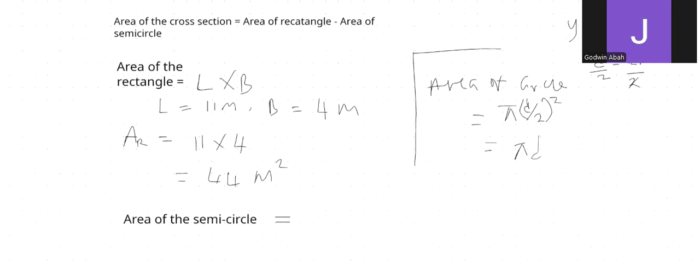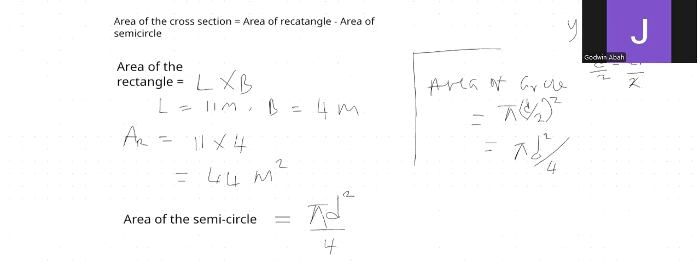all over 4. But since this is a semicircle, what it means is that you are going to divide the area of the circle by 2, because a semicircle is half of a circle. So this is going to be pi D squared over 4, now divided by 2.